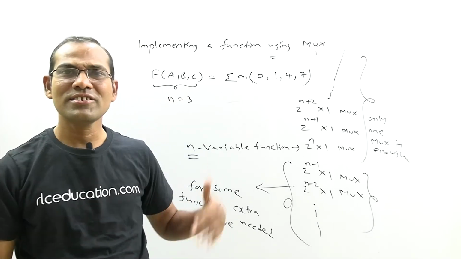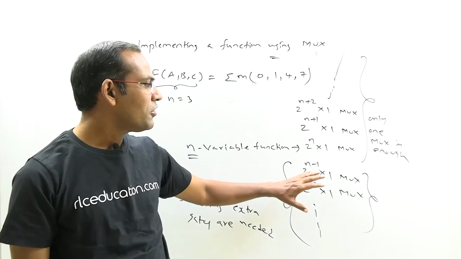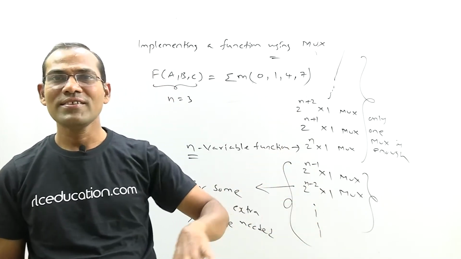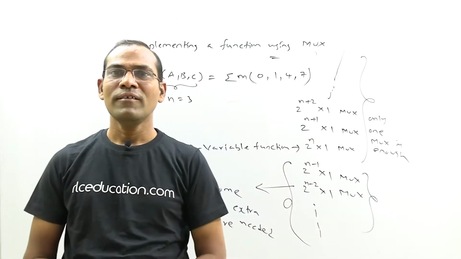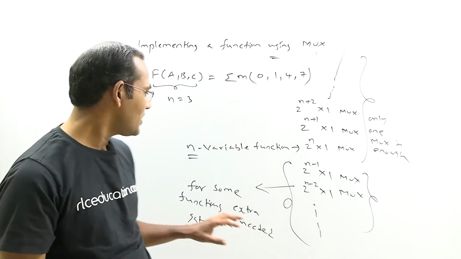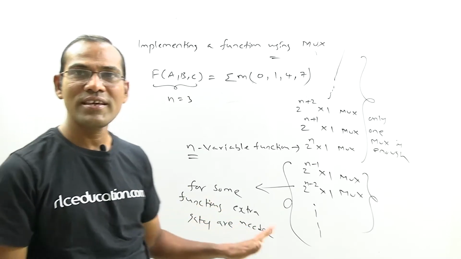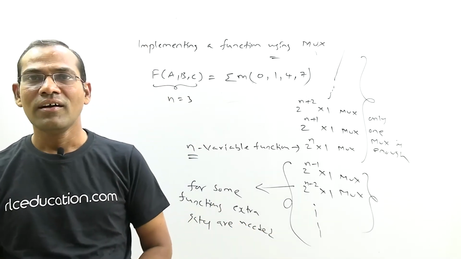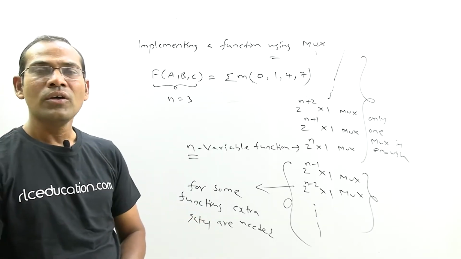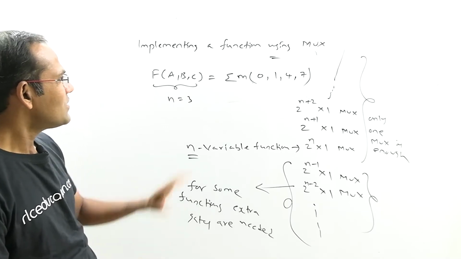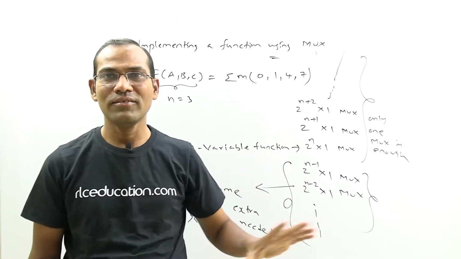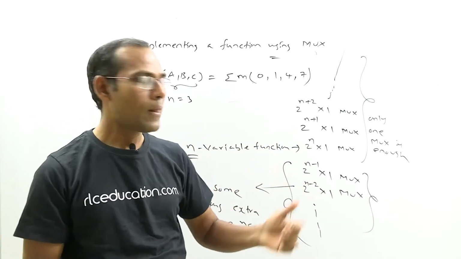Don't think that every time extra gates are needed whenever we use this type of multiplexer. That depends on the function. For some functions just that mux is enough. For some functions they may require some other gates. I am not saying every function requires extra gates. For some functions it may require extra gates.